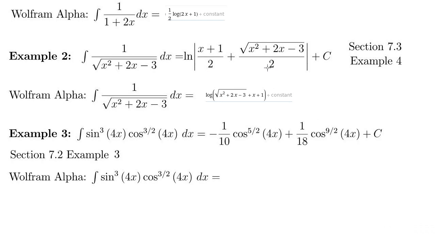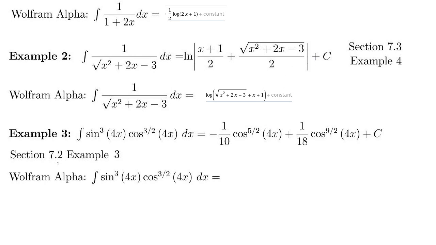Well, remember that division inside a log is the same as subtraction outside. So we could combine these two together over the LCD of 2, and then that would be log of the numerator minus log 2, but log 2 is just a constant. That would get absorbed by the plus c. So these really are equivalent.